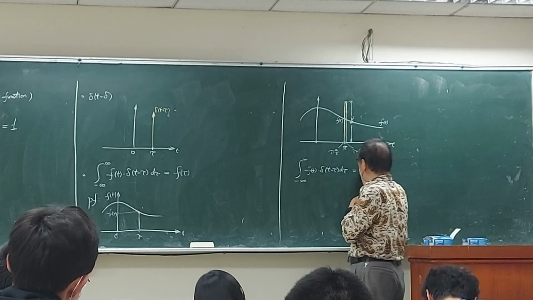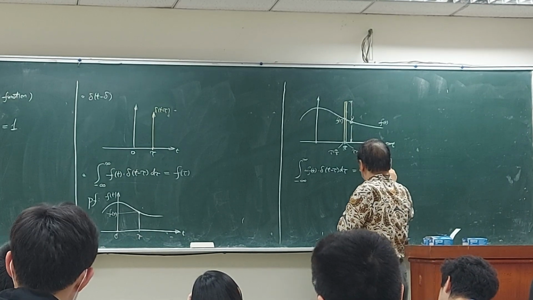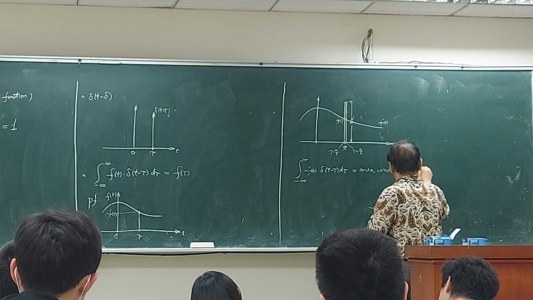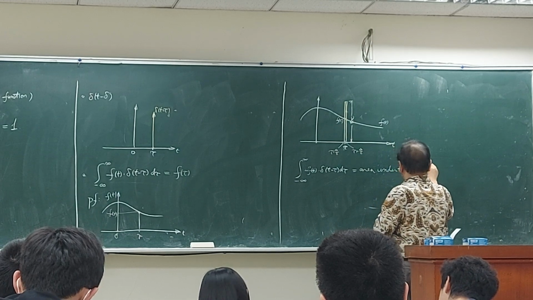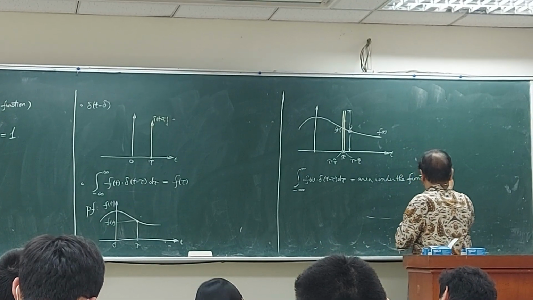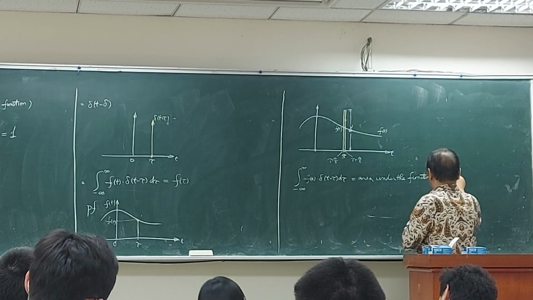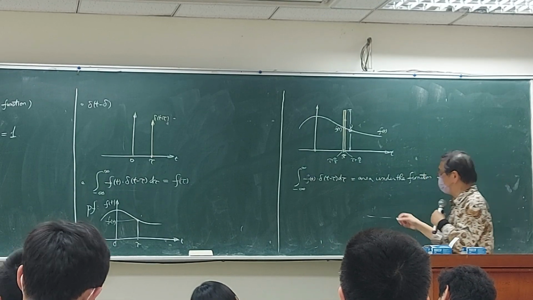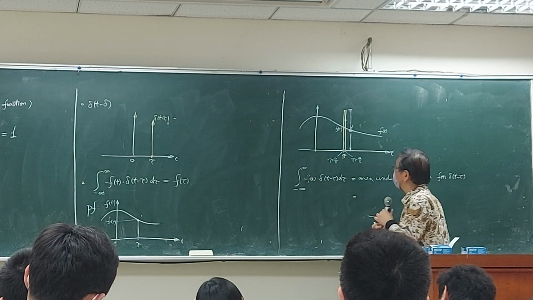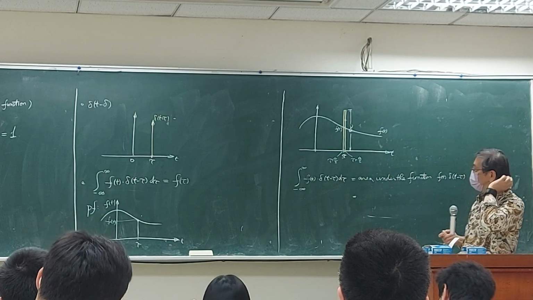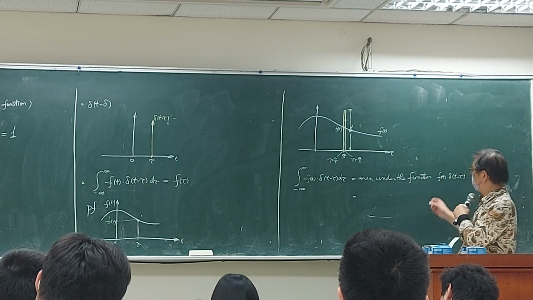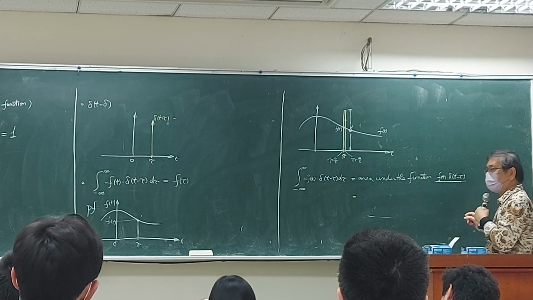That is the area under the function f of t times delta of t minus tau. So what is the area, or what is the height?